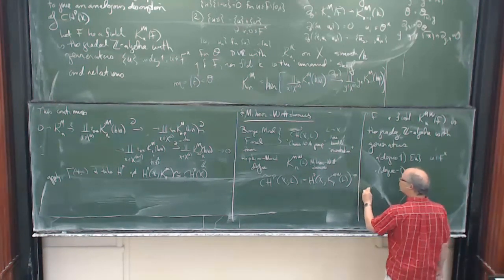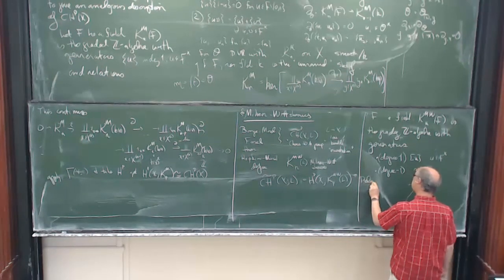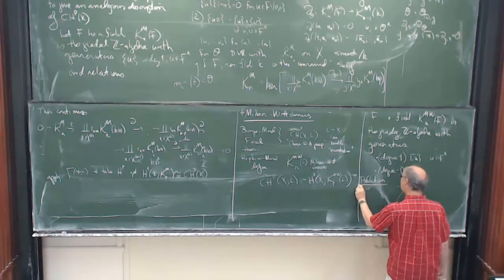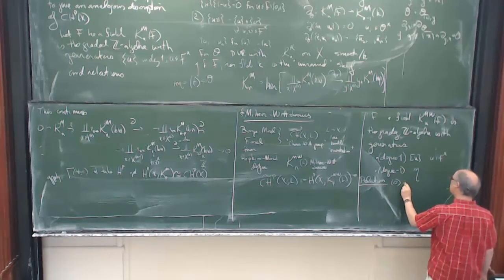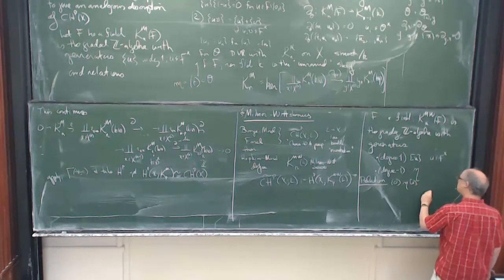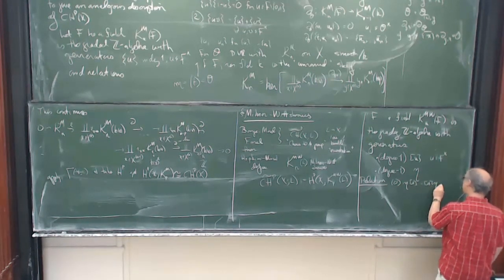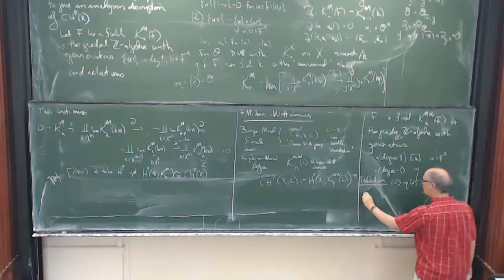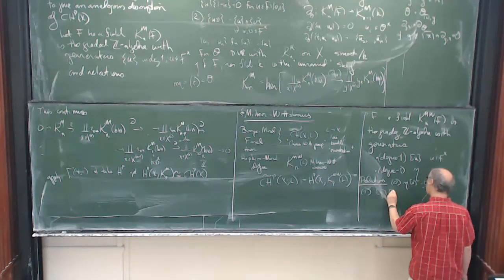And now what about the relations? Relation 0 is just that this new generator commutes with the old generators. Then we have relation 1, the Steinberg relation, same as before.